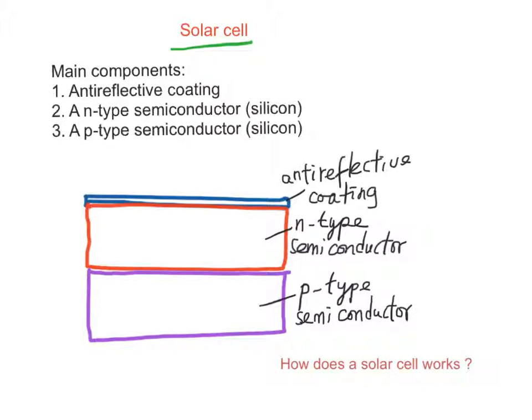Solar cell. The main components of a solar cell are: first, an anti-reflective coating printed at the top. Second, a N-type semiconductor, usually made of silicon.